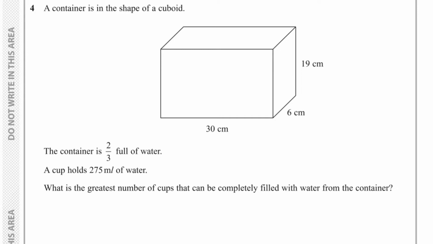So for this question, first of all, we can consider the volume of the cuboid. The volume of the cuboid is equal to 30 centimeters multiplied by 6 centimeters multiplied by 19 centimeters.